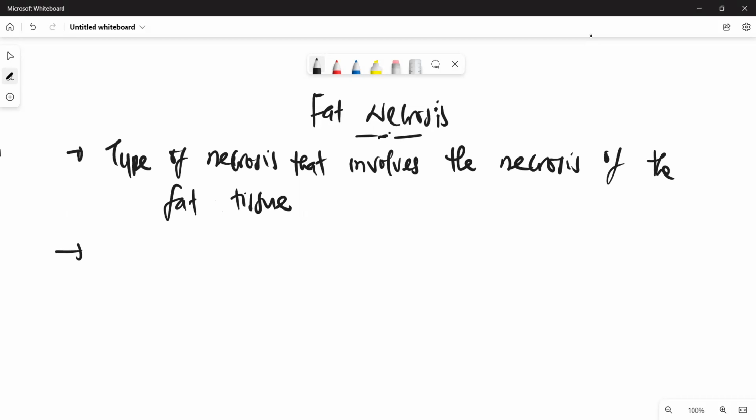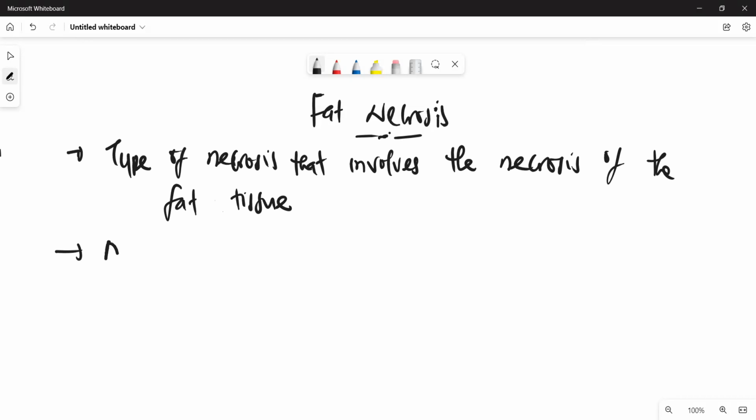Like we mentioned in the previous video, different types of necrosis are named based on the gross appearance, right? So this is a type of necrosis whereby what we see is the necrosis of the fat tissue, right?